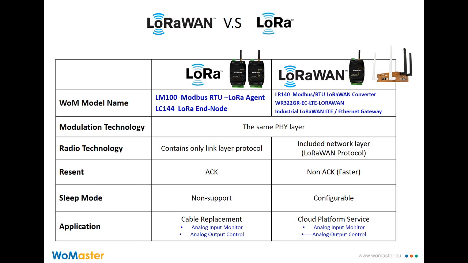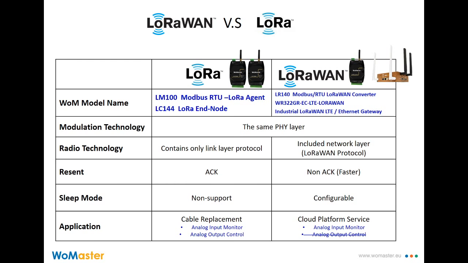Simply speaking, LoRa is more like a private protocol, and LoRaWAN is an open standard one. Therefore, LoRa has an ACK mechanism so that it can support retransmission and is more secure. LoRaWAN is without an ACK mechanism, but it's faster.